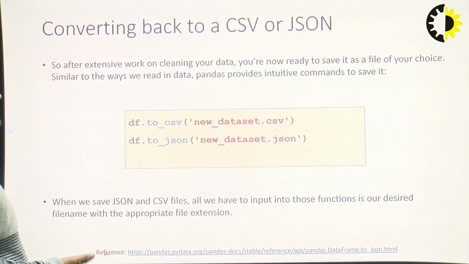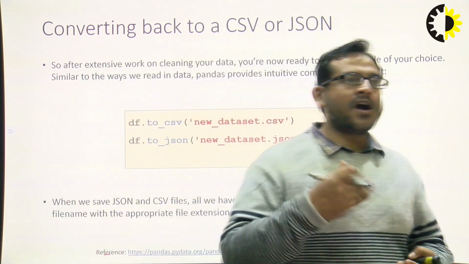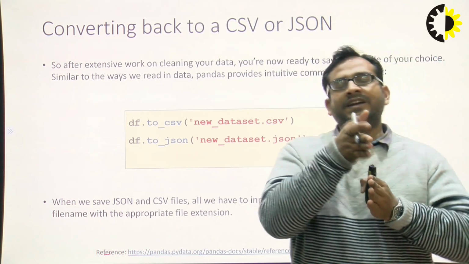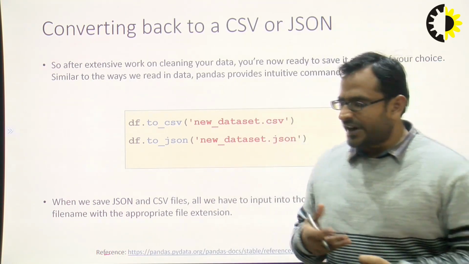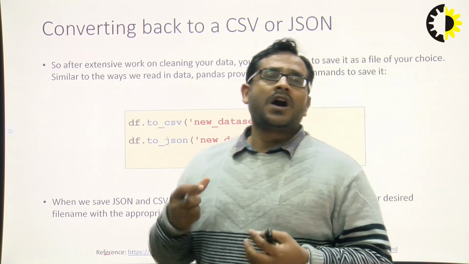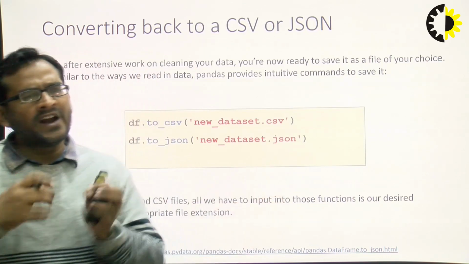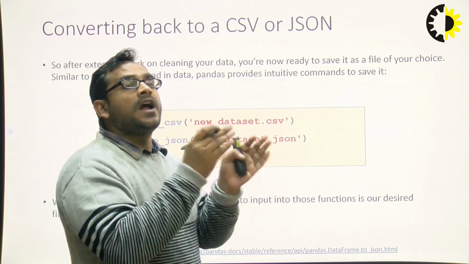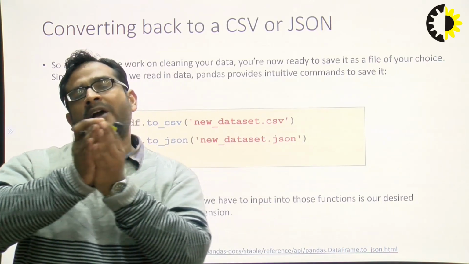Now, next, once the file is read and the data is manipulated, what do you have to do? You have to store that data frame into a CSV file. After manipulation, after setting the mean value, mode value, dropping the null values, handling the missing values, handling the outliers, after you have done a lot of work on that particular data set, your data set is clean, or perfect to apply to a machine learning model.